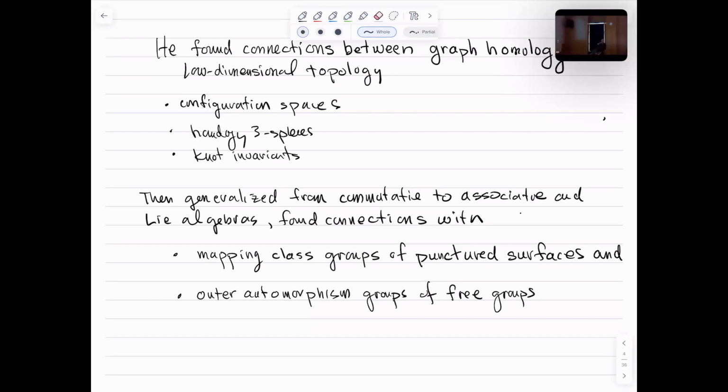And when he did that, he found that there are connections with mapping class groups of surfaces and outer automorphisms of free groups. So that's the motivation. That's where these things come from. So it's all very esoteric, I guess. But when you get down to what a graph complex actually is, it's really a very simple combinatorial object. So we're going to start with some combinatorics, and maybe later we'll try to understand how it's related to some of these other things.